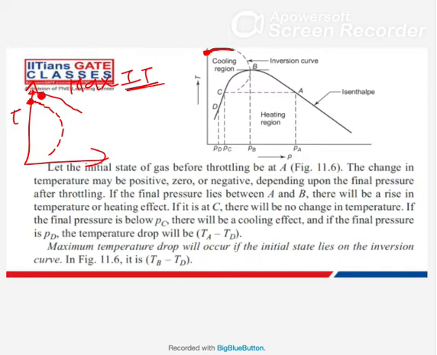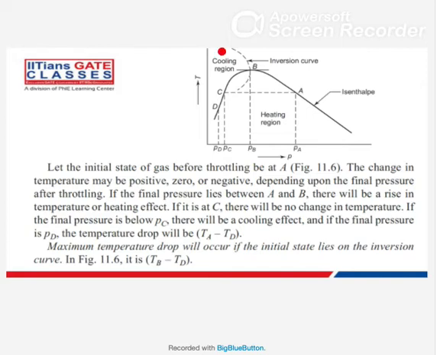If you are lying somewhere here and you are expanding, its temperature will increase. But if you are lying below the maximum inversion temperature, then there is a possibility that you can cool your substance. So if you want to cool anything, the initial temperature should be below the maximum inversion temperature.